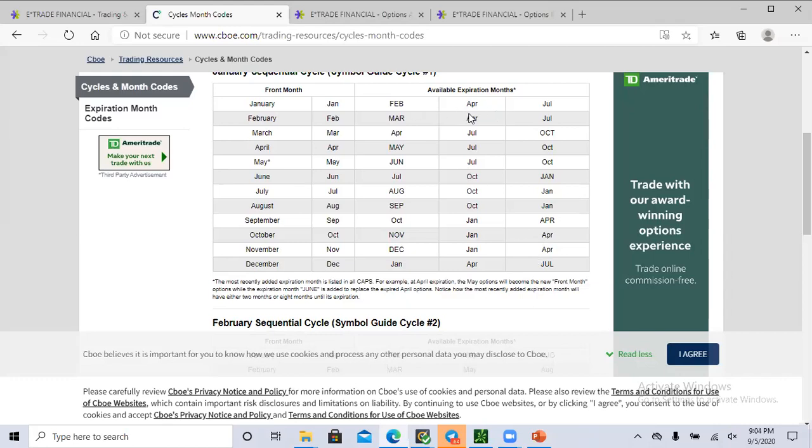So these months you'll see it extend for a couple months. You'll see it extend for a couple months. And then you'll get out here and you'll see your 1 year, 2 years extended.